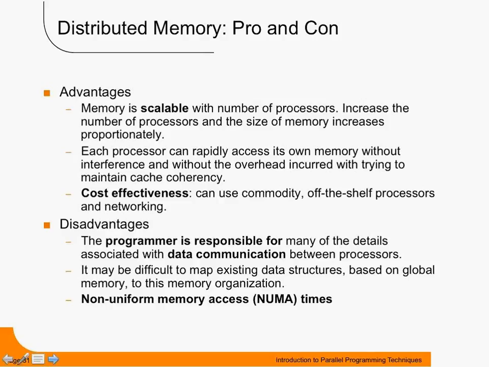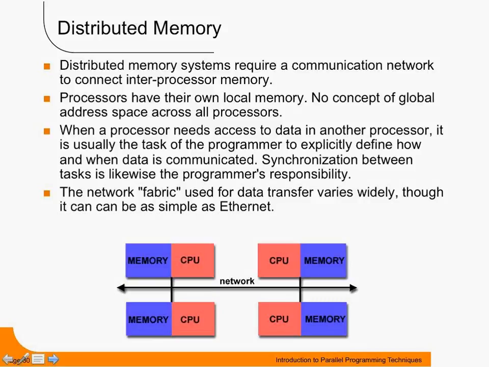So if you are doing the operation locally, you have faster access. If I'm doing some computation here, and the data is located here, then it's easy for it to get access, right?